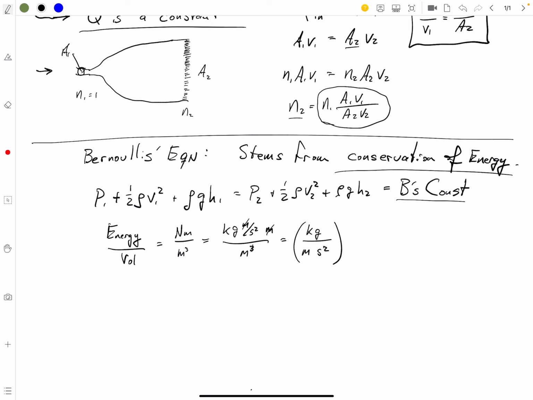So those are the units for each of the terms in Bernoulli's constant. Okay, all of those things have these same units. Otherwise we couldn't be adding and subtracting them together, and we do.